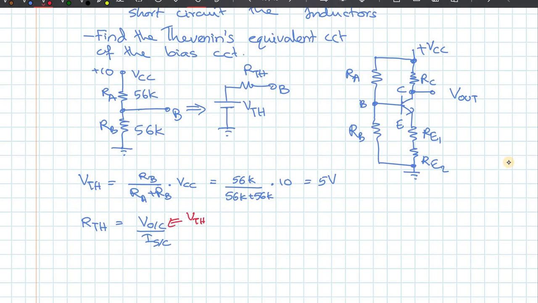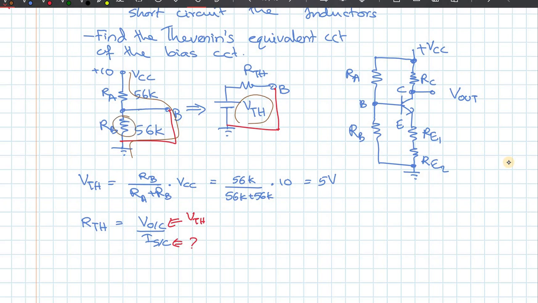Okay, what is the short circuit current? To find the short circuit current, if you short circuit this, the path of the current would be like this, right? So the current path will be like this. So there is no involvement of this.